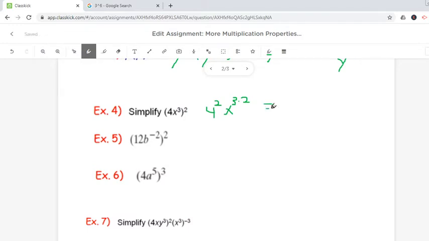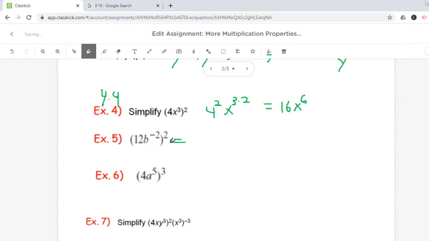Okay, so 4 squared, that's 4 times 4 is 16. And then 3 times 2 is 6. Okay.